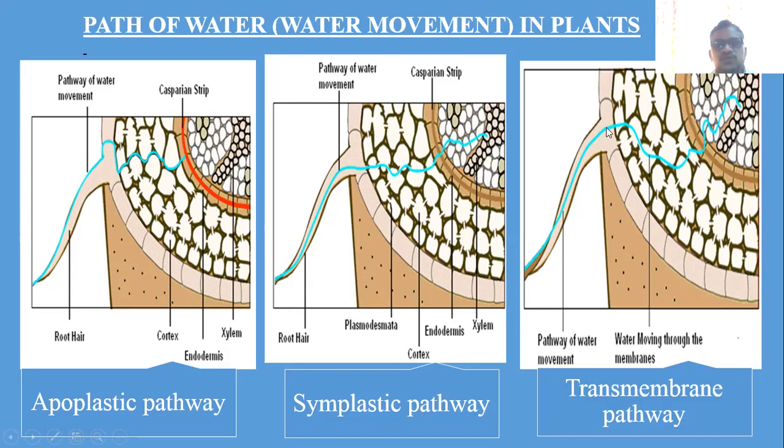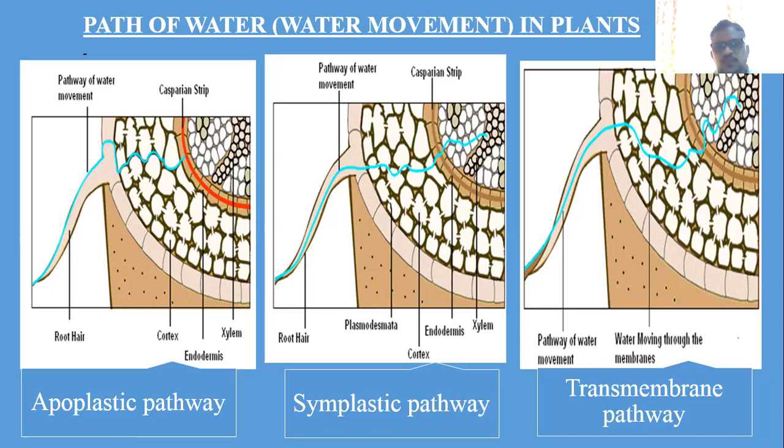It enters the membrane of the cell and goes along the tonoplast of the vacuoles present in the plant cell. This pathway, going through the plasma membrane of the cell, is called the transmembrane pathway.